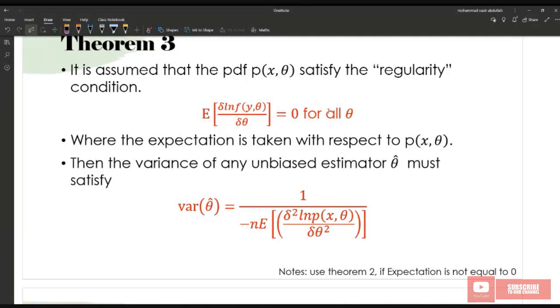This is just a tip, to make your calculation easier. If you want to choose either one, it's up to you. But if the expected value of the first derivative is not equal to 0, then you should use the second formula. The second formula means you need to square the first derivative and there is no negative n, right?